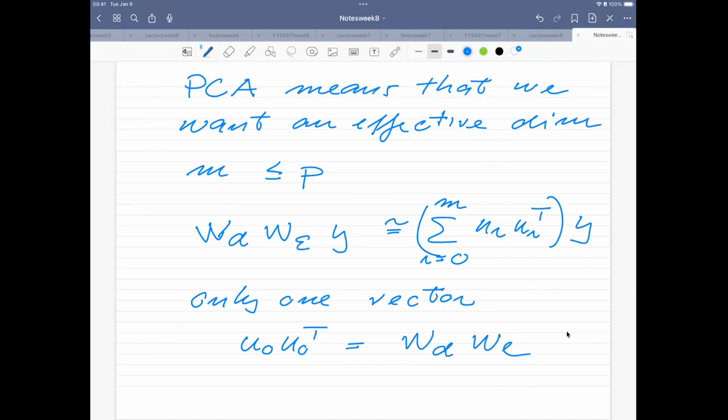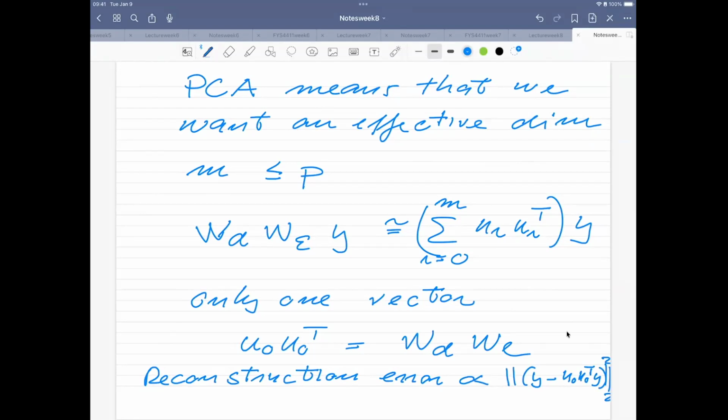Then the reconstruction error is proportional to Y minus U0 U0 transpose multiplied with Y, squared. Oops, this should be squared and squared here. That's the reconstruction error. So the hope then, if there's only one vector, which is a relevant degree of freedom out of several thousands, then we get one reconstruction error.